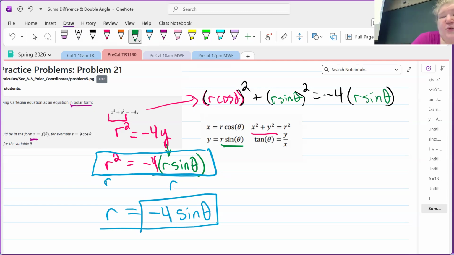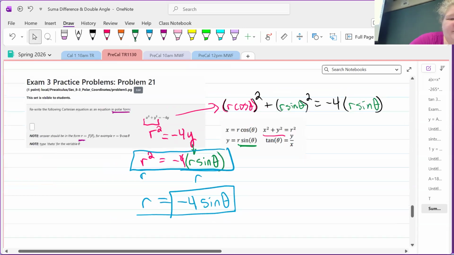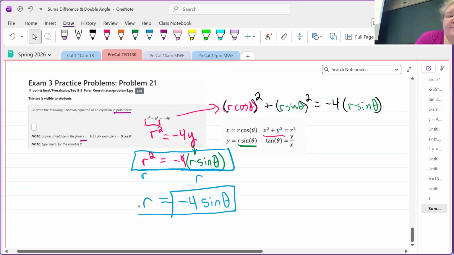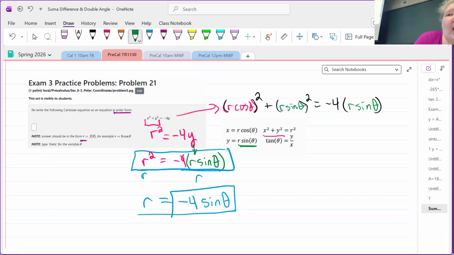That is a polar equation. It's a real stupid looking polar equation, but there's no x's and y's. It's all r's and thetas. I will take that answer on the test as well. WebWork won't take that, but I will. So you can simplify it down to r equals negative 4 sine theta if you want on the test, but you don't have to. All you have to do is convert it to polar form. Done.